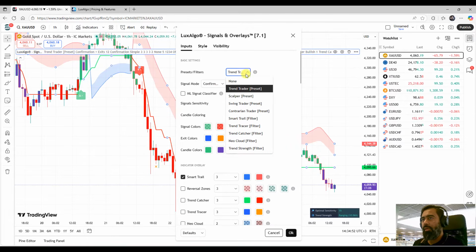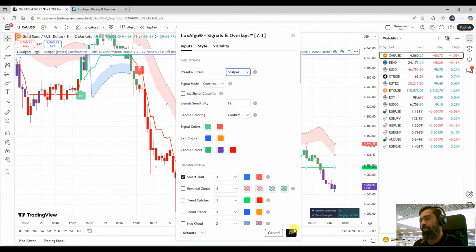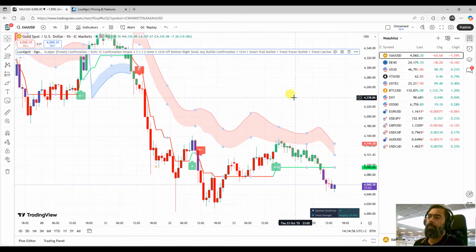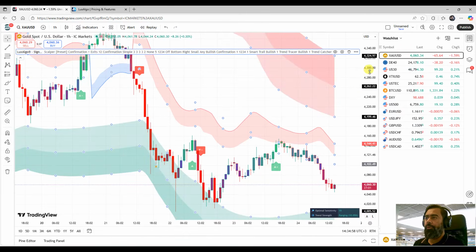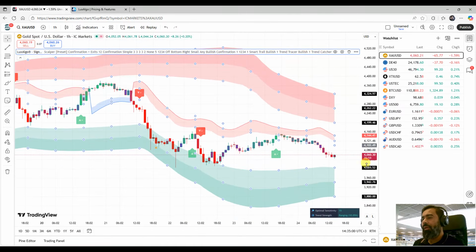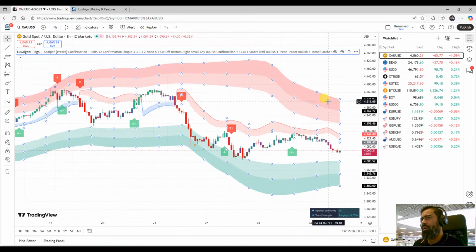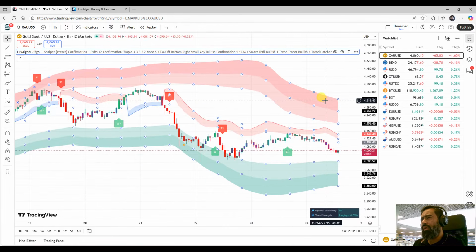The second set file is Scalper. Click on OK. Here you go. In this, it gives you a kind of channel, and it's understandable that whenever the market touches the lower green zone, prepare for a buy.